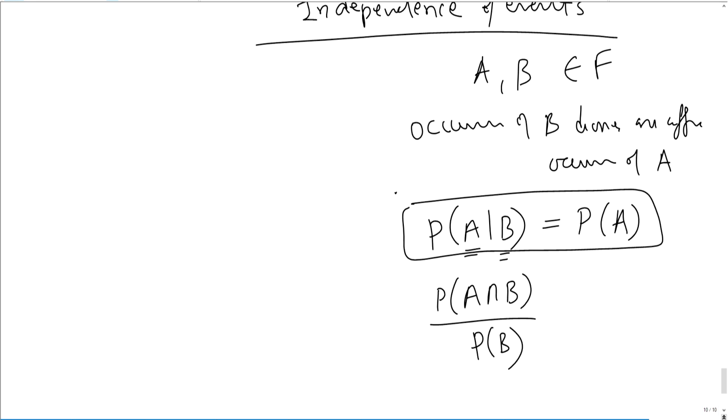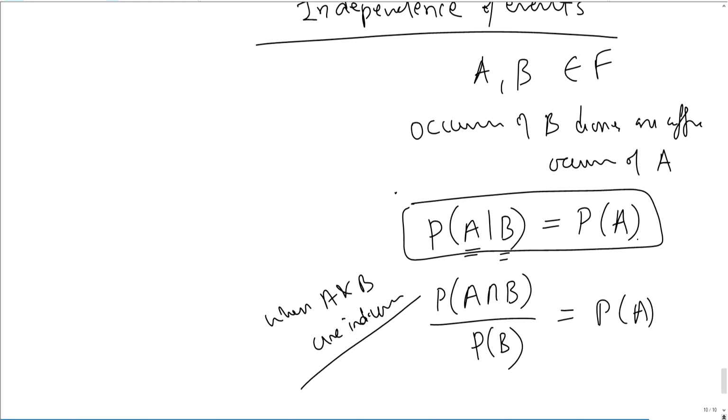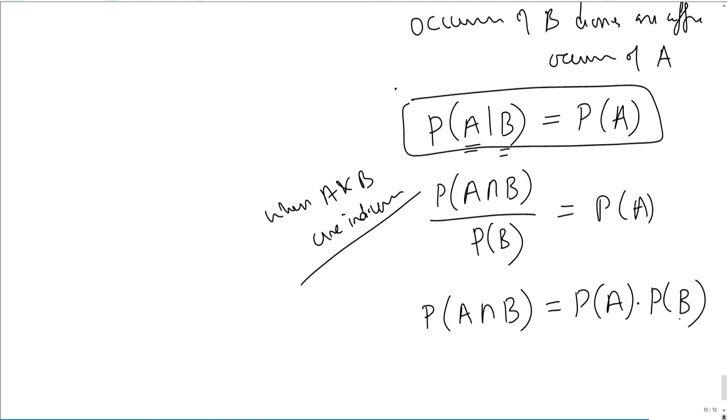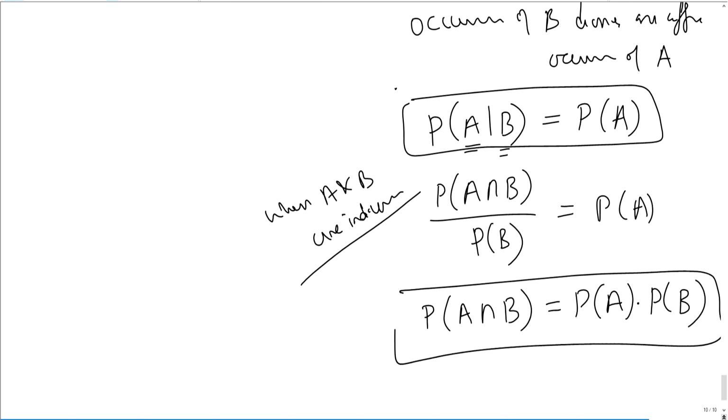When events A and B are independent, this thing will be equal to probability of A. What does this imply? That probability of A intersection B will be equal to probability of A times probability of B when two events A and B are independent of each other. And this is exactly the reason why we multiply probabilities in order to calculate the joint probability of something.